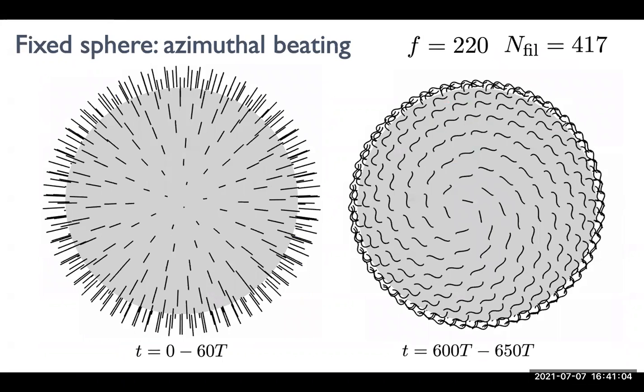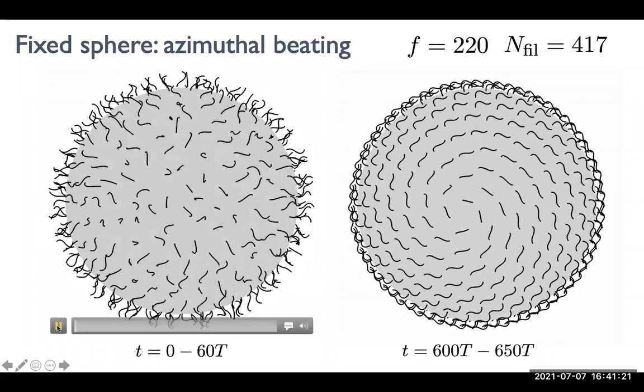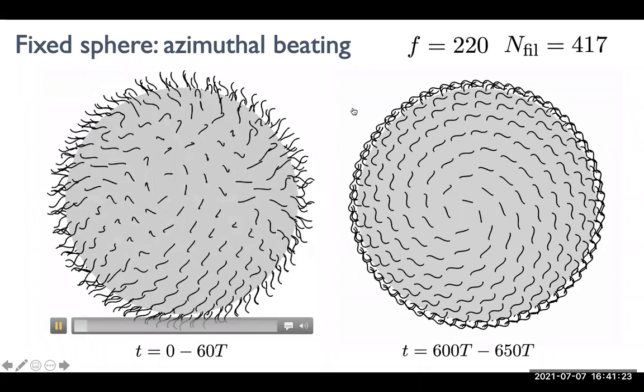Okay, so now what we'd like to see is what happens when we force this to occur instead on the surface of a sphere, where we know that these defects that we saw emerge have to remain because of the topology of the underlying surface.